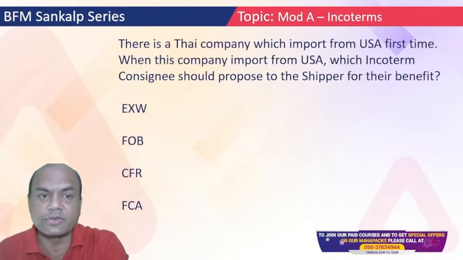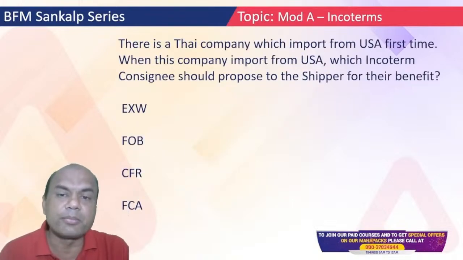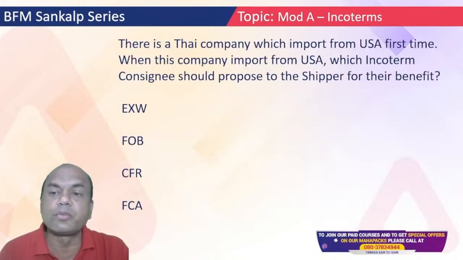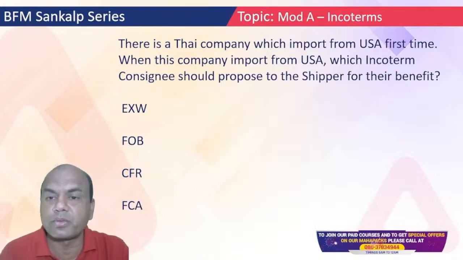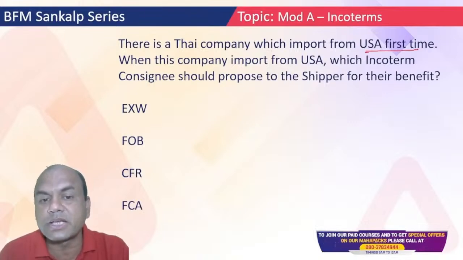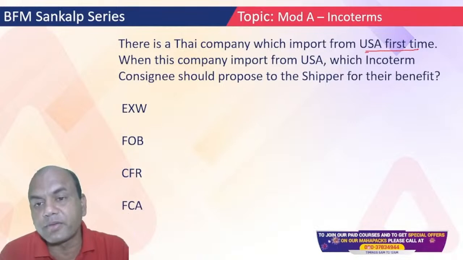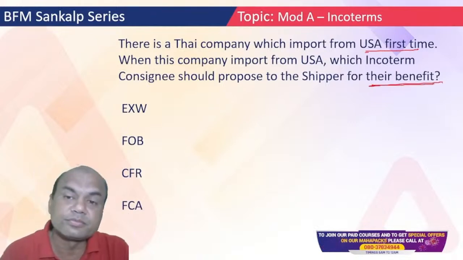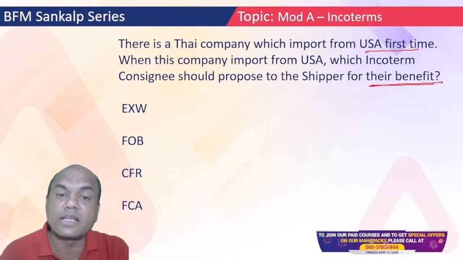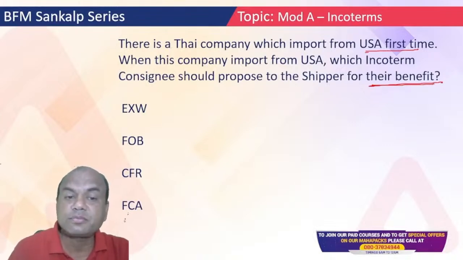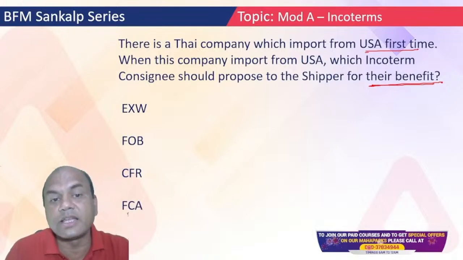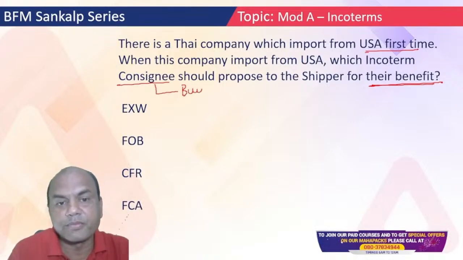Next one. There's a Thai company which is importing from the USA for the first time. When this company imports from the USA, which Incoterm should the consignee propose to the shipper for their benefit? Whose benefit? Consignor and consignee: consignee means it's always the buyer.